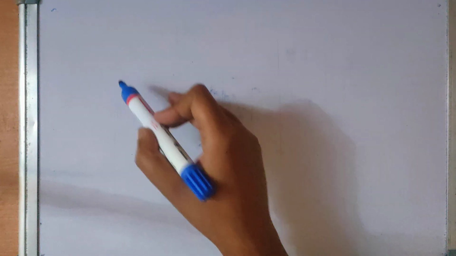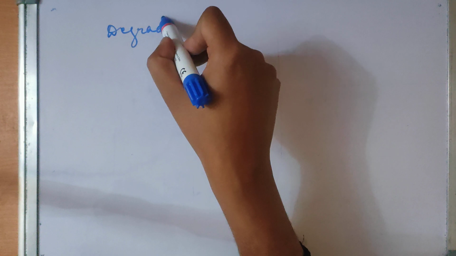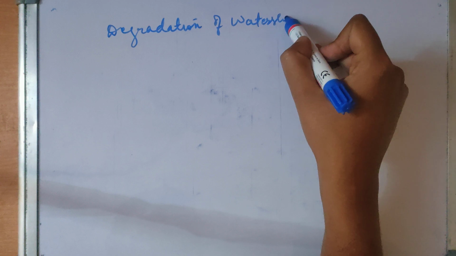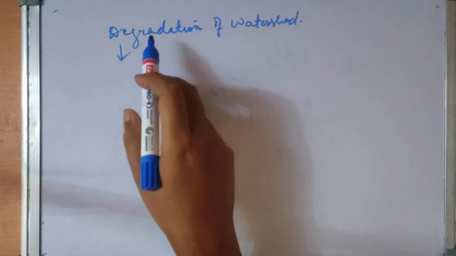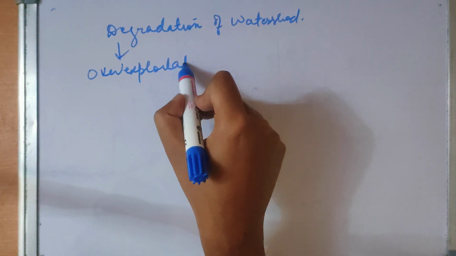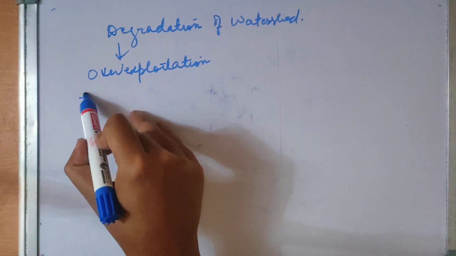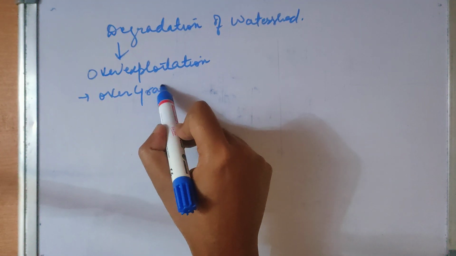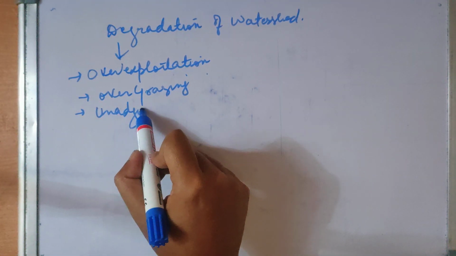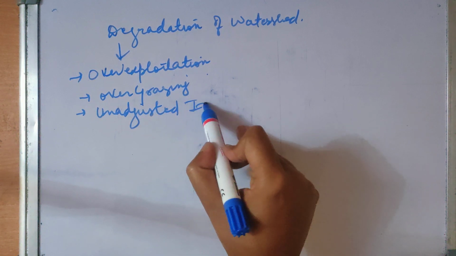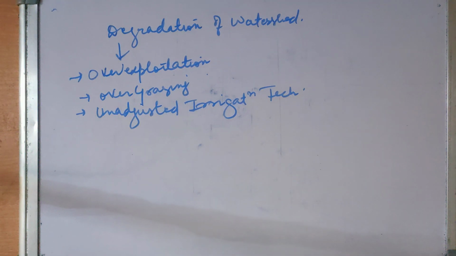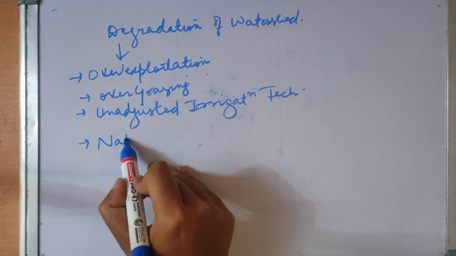Now, degradation of watershed. How is a watershed degraded? First of all is over exploitation, overgrazing, unadjusted irrigation technique, natural causes.